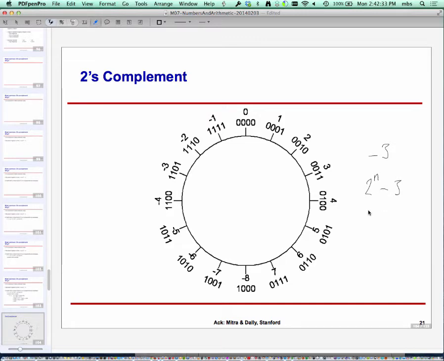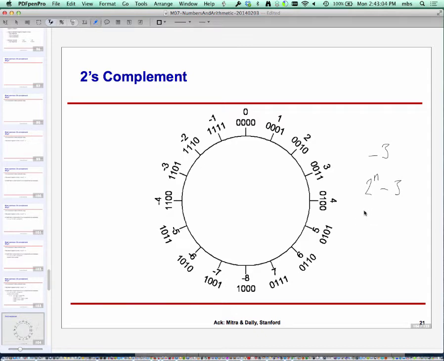Now, what is 2 to the power n? In this particular case, if you look at this pattern 1, 1, 0, 1, that corresponds to 8 plus 4 plus 1, 13.